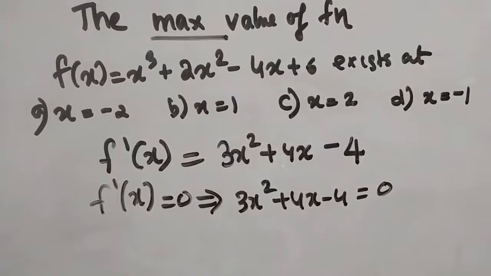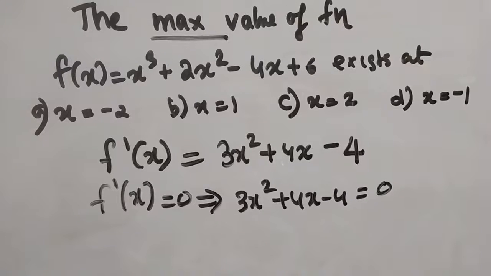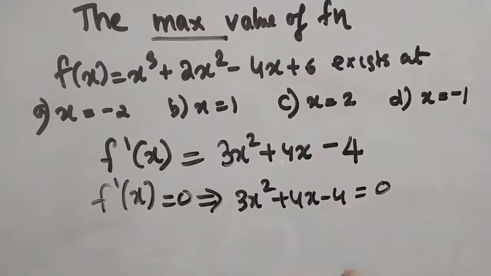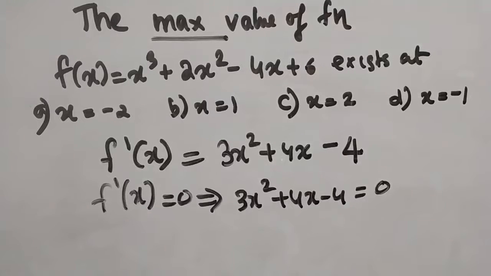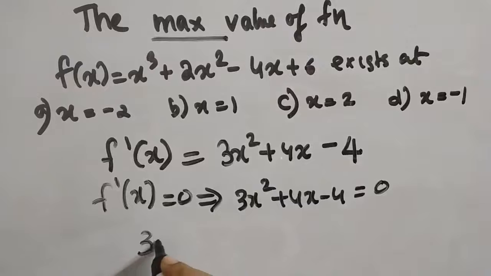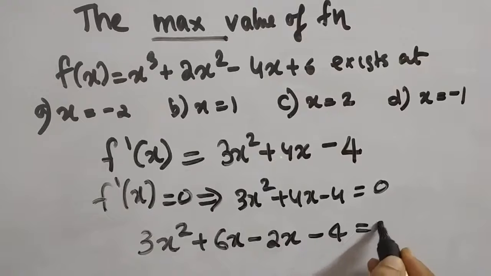So how to solve this for x? We can solve this using any method, but here I am taking middle term splitting. So multiplying you have to get 12, or subtracting or adding you have to get 4. So the numbers are 6 and 2, isn't it? So 3x square plus 6x minus 2x minus 4 equal to 0.